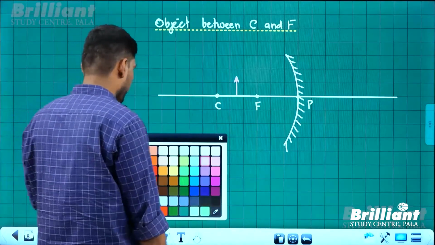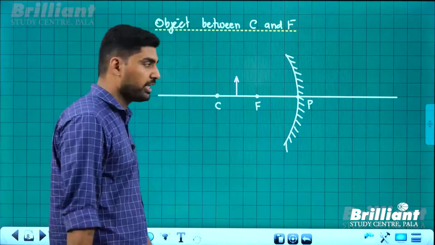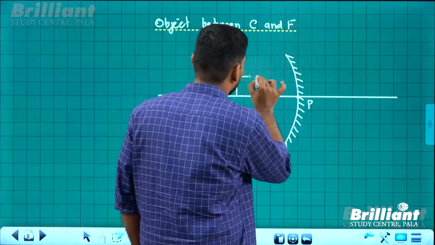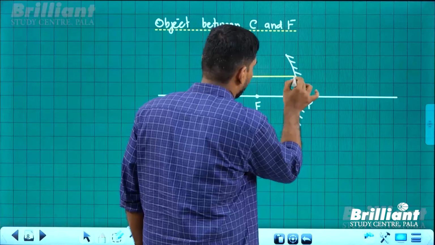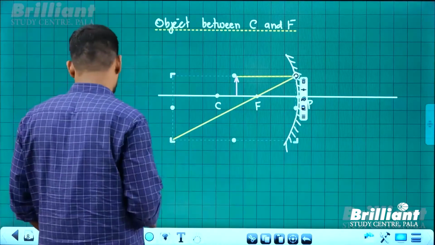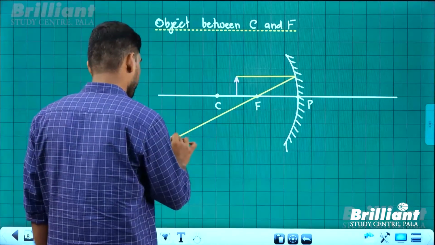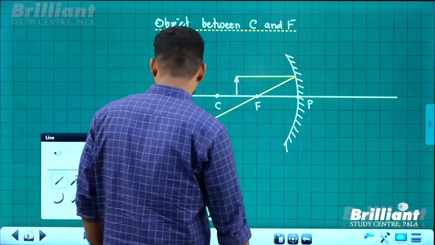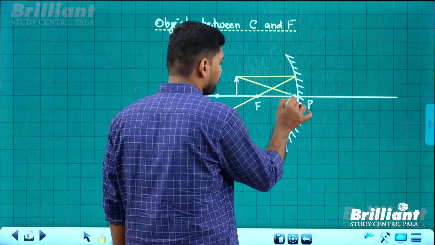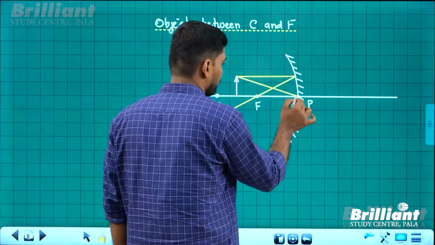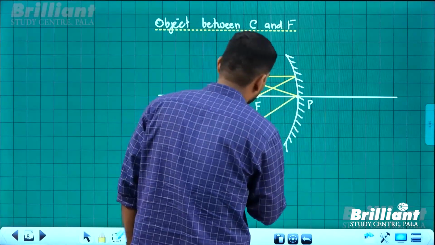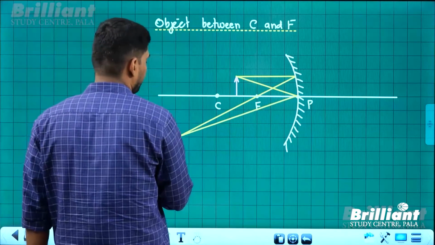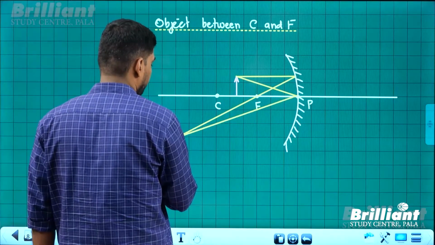So let us draw the ray diagram. What are the rules for drawing a ray diagram? One light ray that is parallel to the principal axis, after reflection, should pass through the focus. You can use any two of these rules. The light ray that is incident on the pole will be reflected symmetrically like this.